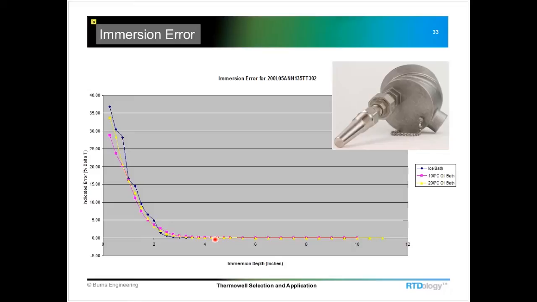But then again, if you've got a high flow rate, or it's a really viscous product, or both variables are present, then we need to shorten up that well, or we need to beef it up, maybe go to a larger diameter, maybe go to a tapered stem rather than stepped or even a straight stem. So there are things that can be done to still maintain that immersion length and make sure that the well is strong enough to survive in that process.